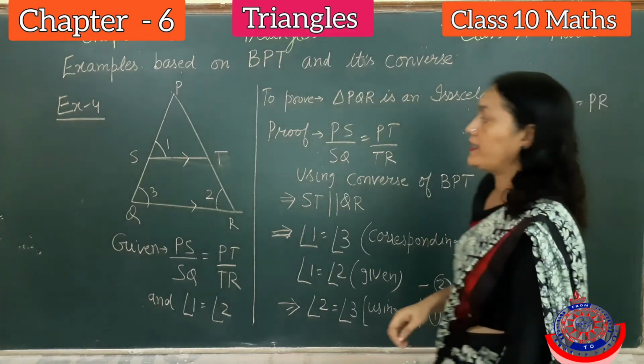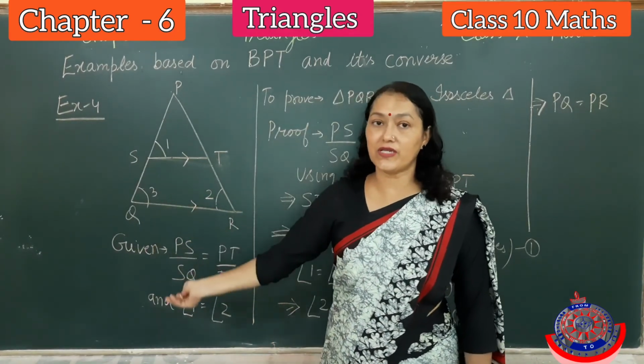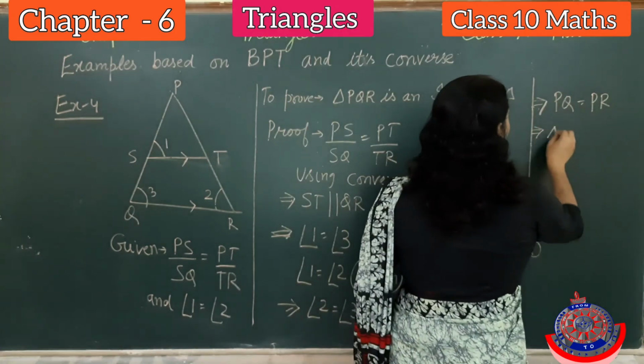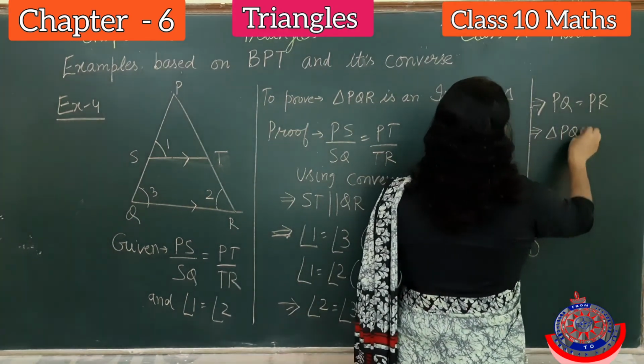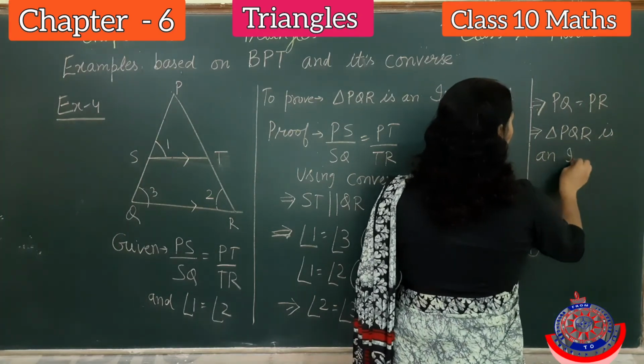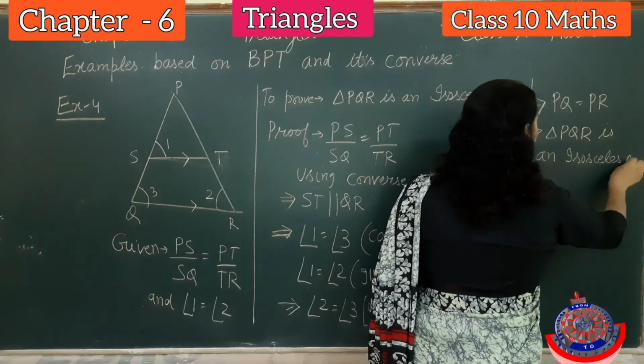And as I told earlier, in any triangle, if two sides are equal, it's an isosceles triangle. Guys, triangle PQR is an isosceles triangle. Hence proved.